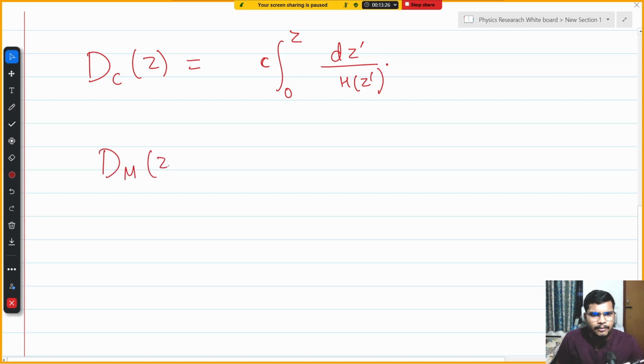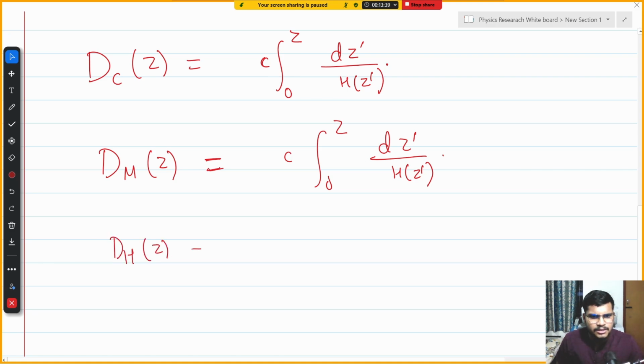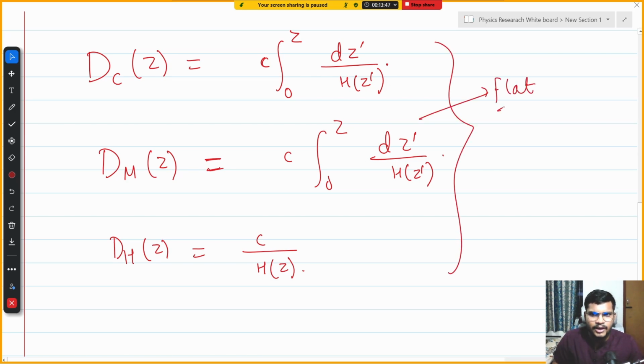Similarly, I have dm of z, and in the flat universe it is basically nothing but dc. And another one is the Hubble distance dh, which is the speed of light over H of z. So these are the things that we have, considering that I am using the flat universe.